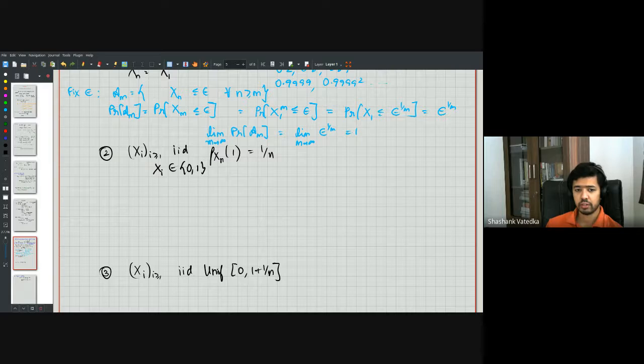Okay, and again, let's start with a guess. What would this converge to? If it had to converge, what do you think this would converge to? So now you know that xn can take values either 0 or 1. The probability that xn is 0 is 1 minus 1 over n. The probability that xn is equal to 1 is 1 over n. Correct? And you're letting n tend to infinity. So if the sequence of random variables converges, what do you think this would converge to?